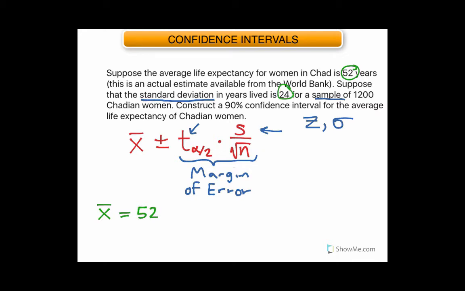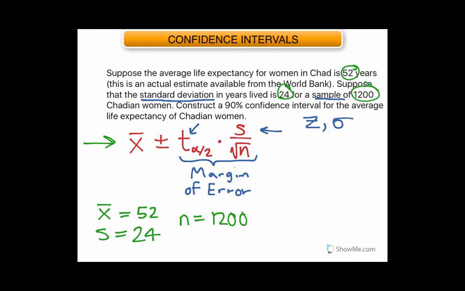Our sample standard deviation is 24, so that's S. Our sample size is 1,200, so that's n. Looking back at the formula, now we have all the numbers we need except for the t-statistic.